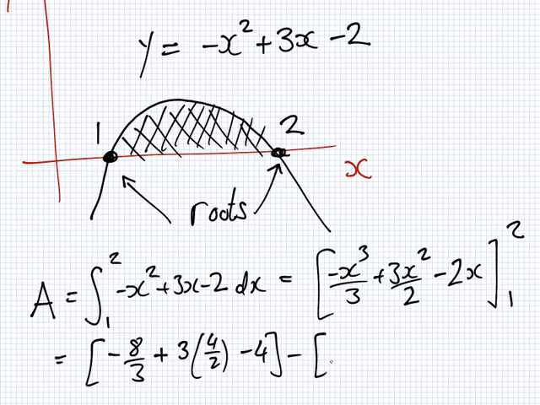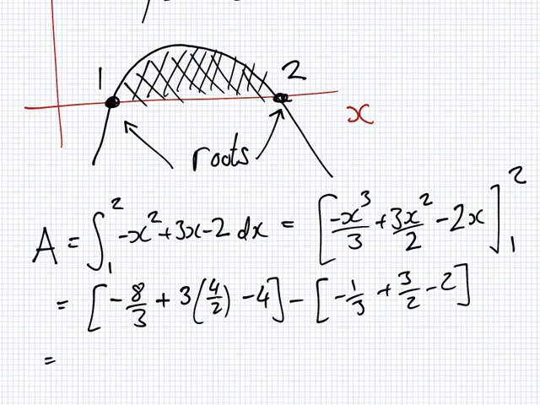And let's put in 1. Minus 1 over 3 plus 3 over 2 minus 2. That's 6 minus 2, isn't it? Which is 2. Minus 8 over 3 plus 2. Minus 2 over 3? Great.